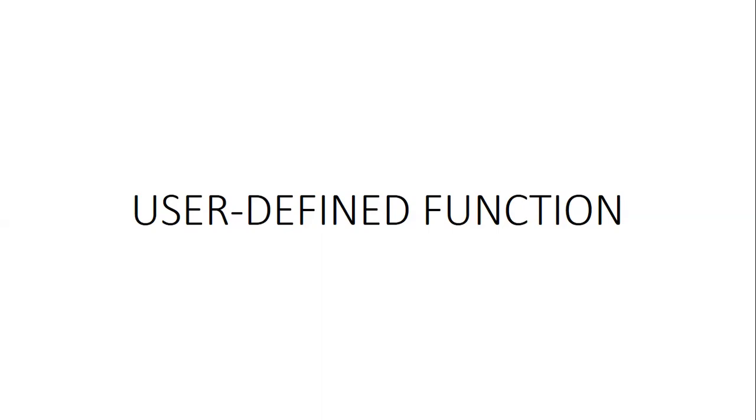Consider the real situation that you already implemented in the lab class. That is the calling of the pow function. When you call the function pow, you provide the values x comma y, and the pow function gives you back the result of x to the power y. You need not know how the pow function works.